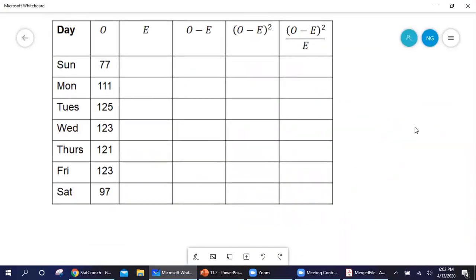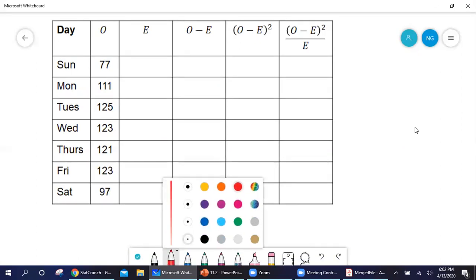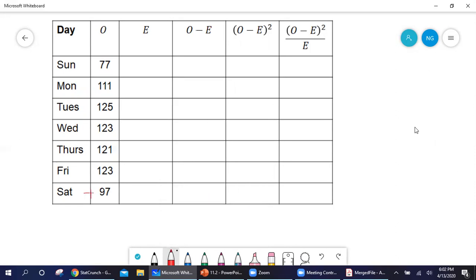The first thing I got to do is figure out what my expected value would be. So if I'm expecting it to be the same number of births per day, I need to figure out what my total sample size is, which if I add all these together, that gives me 777 births.